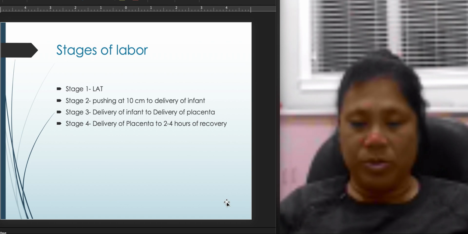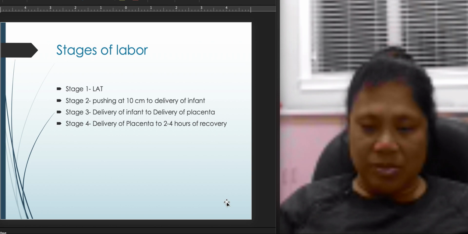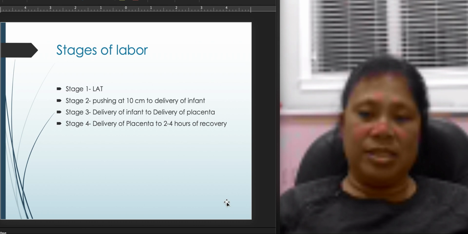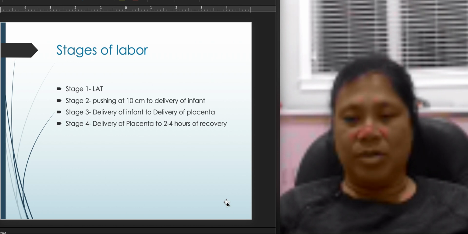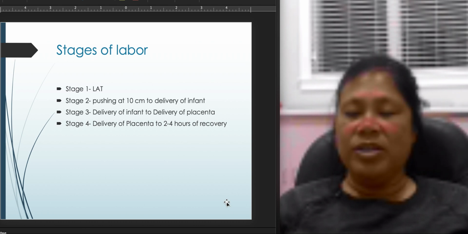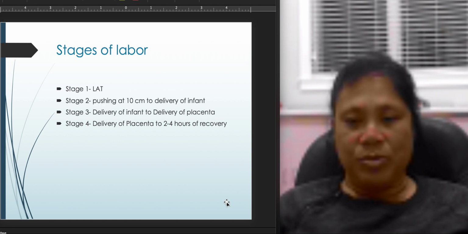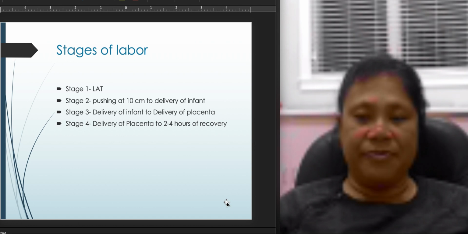But now with epidural anesthesia, you could get it at any time, even at 10 centimeters. If you're 1 centimeter, you could get the epidural, but it's best to try to wait until you're 4 centimeters.